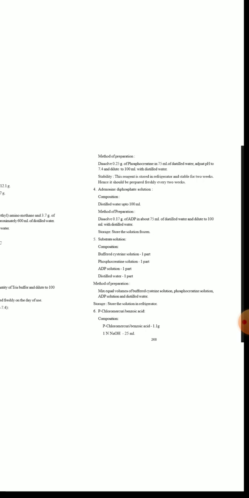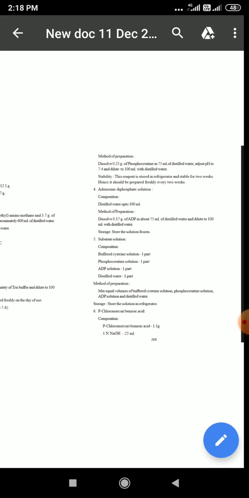Next we have adenosine diphosphate solution. Distilled water up to 100 ml. Method of preparation: dissolve around 0.717 gram of ADP in about 75 ml of distilled water and dilute to 100 ml with distilled water. Store the solution frozen.